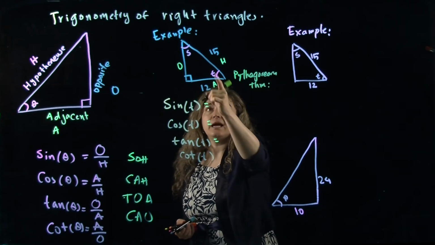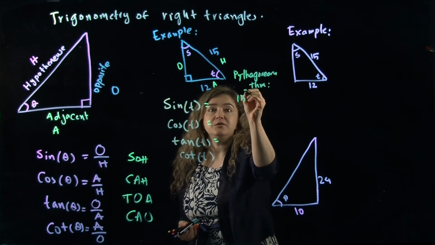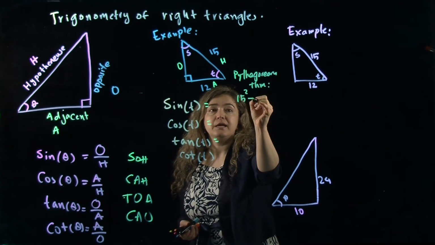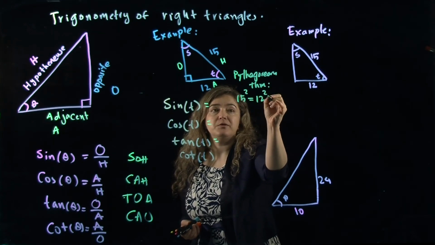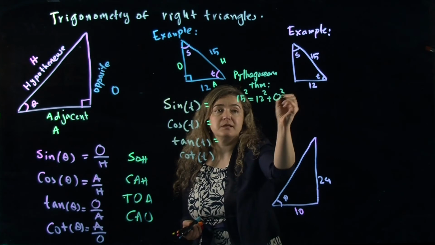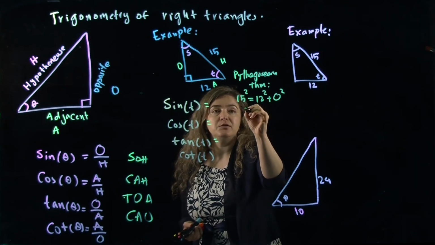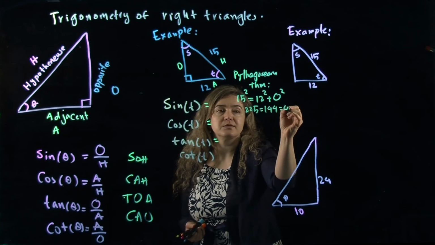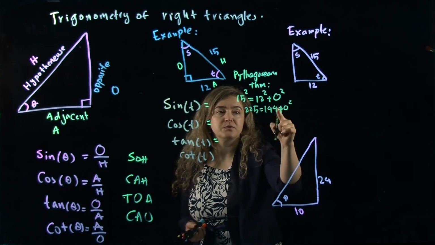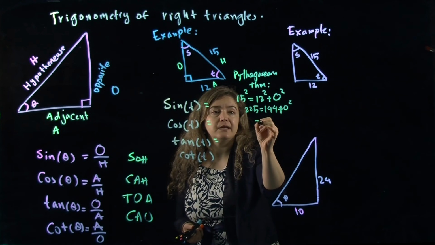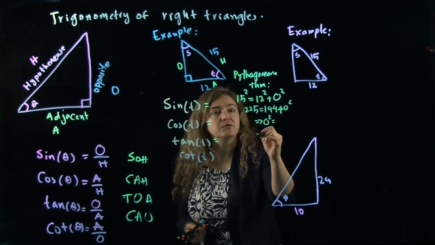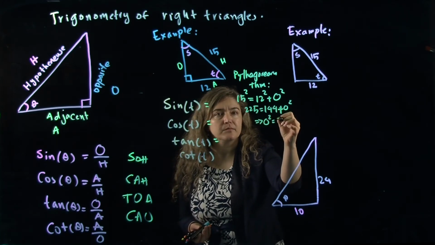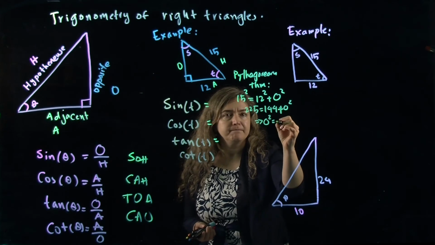And that is 15 to power 2 is equal to 12 to power 2 plus opposite to power 2. And when you solve, it's 225 equal to 144 plus O squared. And then that gives you O squared is equal to 81.